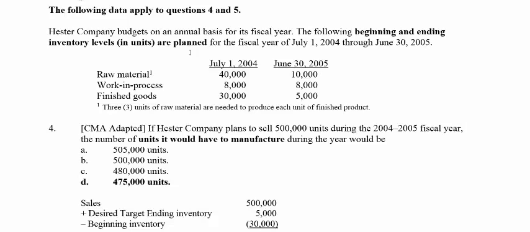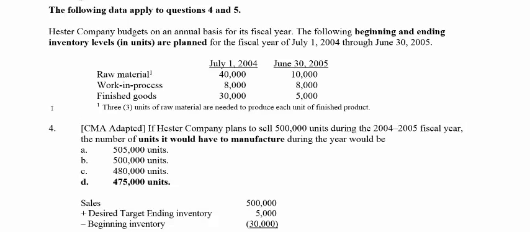These are their planned raw materials, number of units left in inventory. Finished goods inventory, 30,000 beginning 7/1/2004 and ending 6/30/2005. These are their desired or target finished goods number of units in inventory.